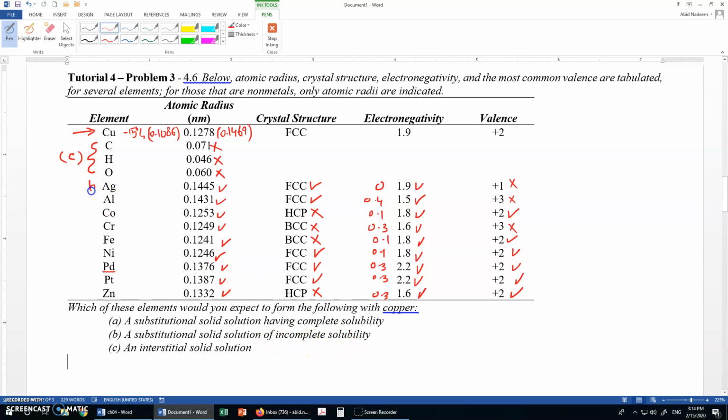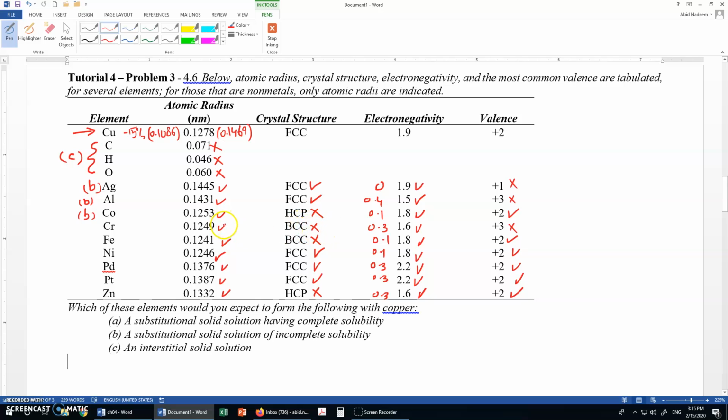So this will be category B. Aluminium, all is satisfied except the last one, so we will put it in category B. Cobalt, all conditions are satisfied except that its structure is different, so we will put it in category B. Chromium is similar to cobalt. Here actually 2 conditions are satisfied and 2 are not satisfied.